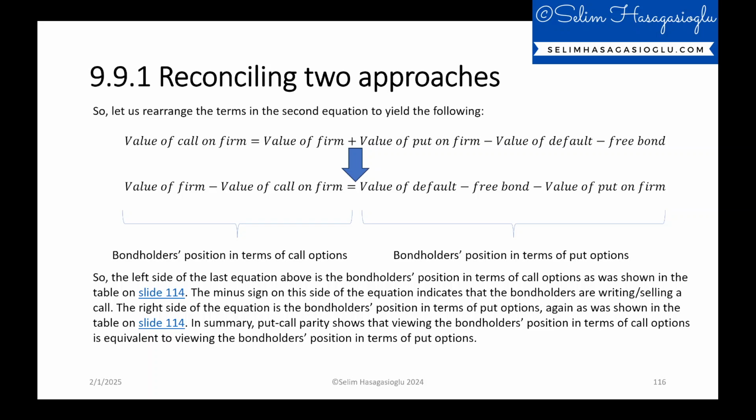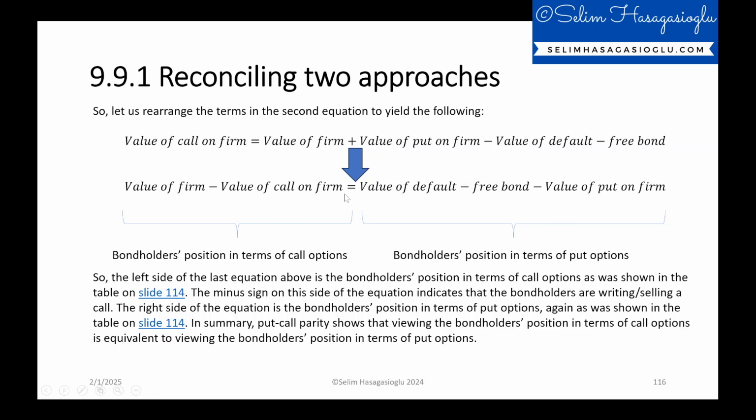Let's rearrange the terms in the second equation to yield the following then. Value of call on firm is equal to value of firm plus value of put on firm minus value of default-free bond. So value of firm will stay here, and then I will move value of call on the firm from the left side to the right side, and value of default-free bond will move from the right side to the left side, while again value of put on the firm will be moved from the right side to the left side.